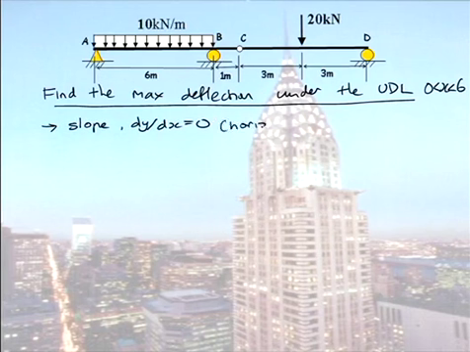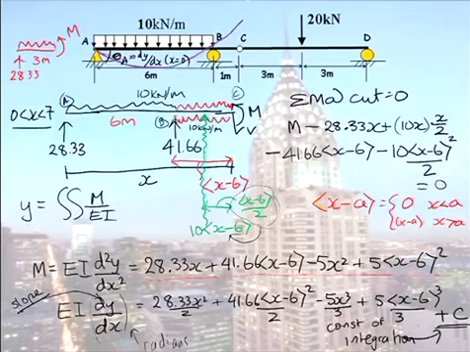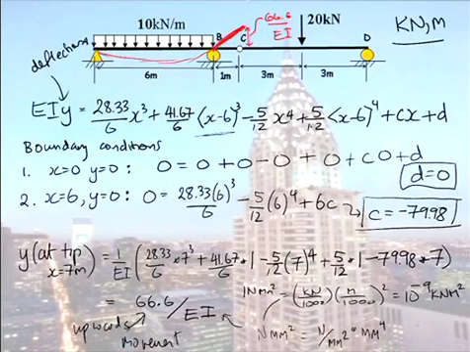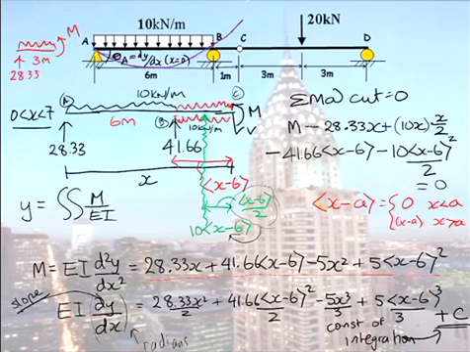That means it's horizontal. So what we do is we go back, and I'll just flick back now, to, where is our slope equation? One further back here. Our slope equation down here. And we pull out our slope equation and we equate it to 0.